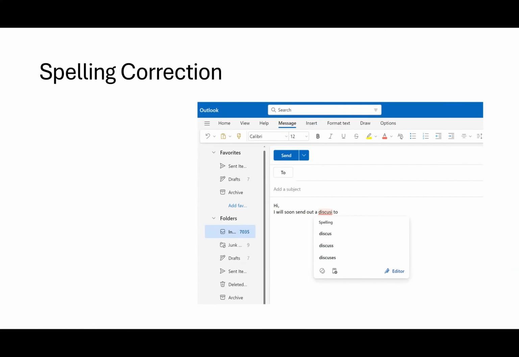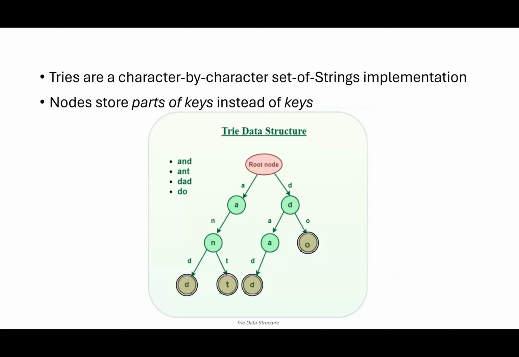So let's talk about a data structure that can really answer these two questions. The data structure that we are talking about today is Trie Data Structure. Trie actually comes from the word retrieve. You will understand why trie comes from retrieve after a few slides of discussion.